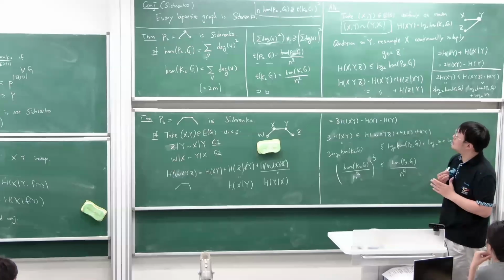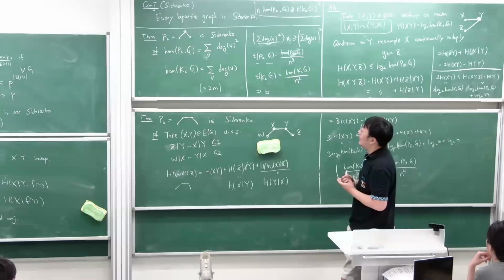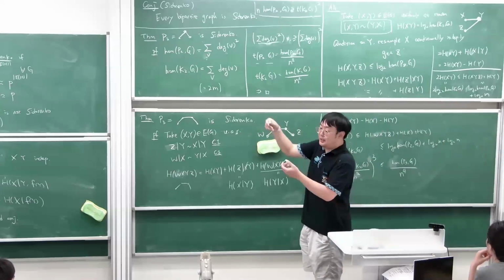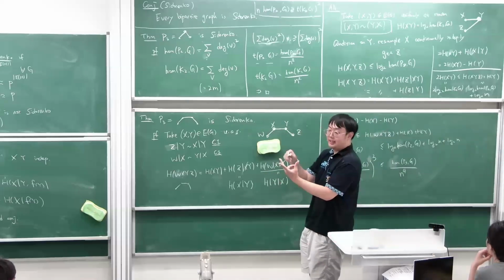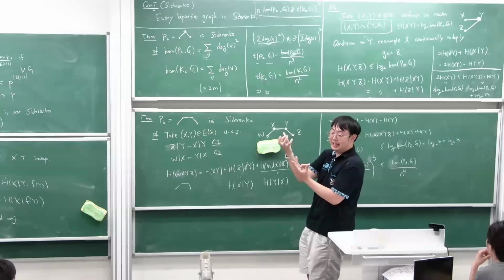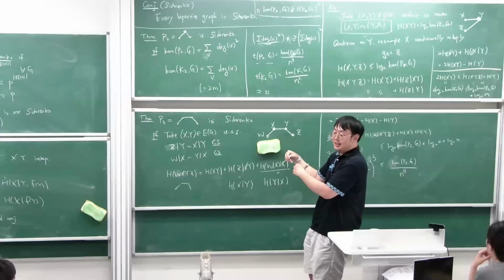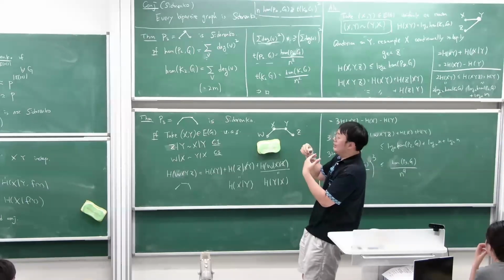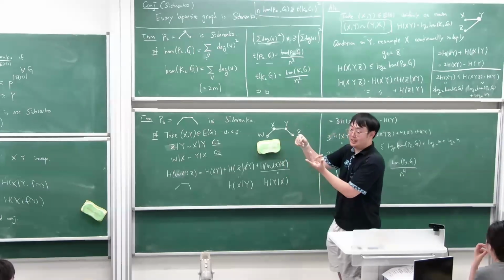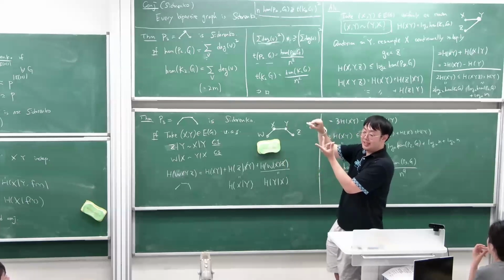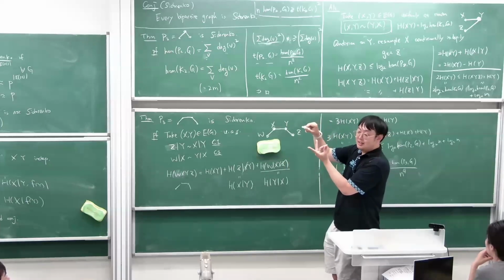Let me give you an example. Imagine you replace P2 by a large star, and there is a vertex that has many neighbors in G, and the other vertices have low degree. Then if you sample a uniform random star, it will be more likely to hit that vertex than the others, right?